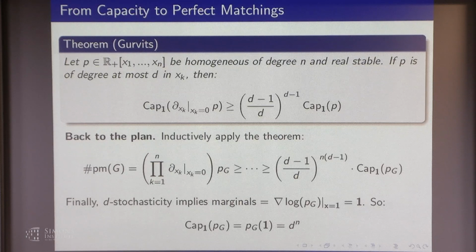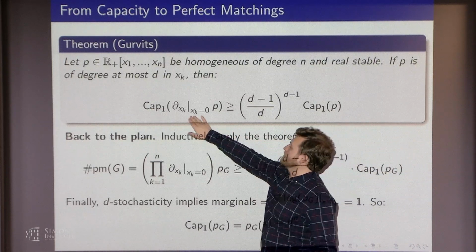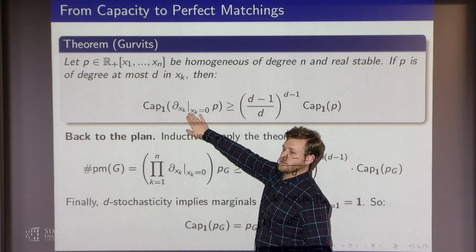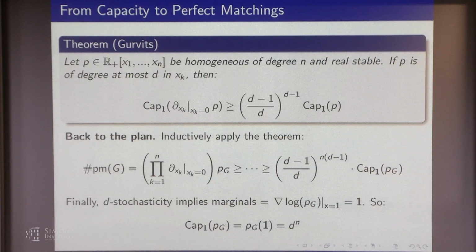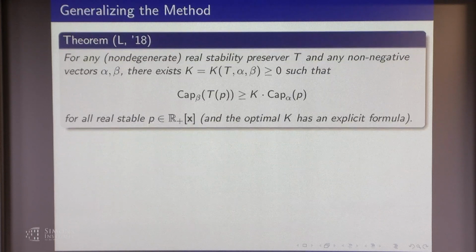In fact, they proved a bound for all differential operators. It turned out not to be quite the tightest thing you could get. So they have some result like this, except this now becomes certain stability preserving differential operators. Okay, and this becomes something else. But it turns out that basically you can generalize this to any, roughly speaking, any real stability preserver. Okay, and that is this result.